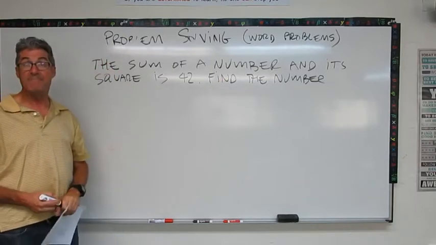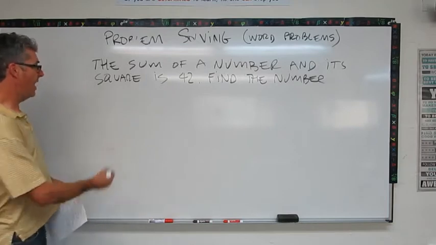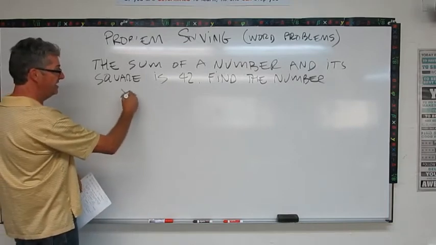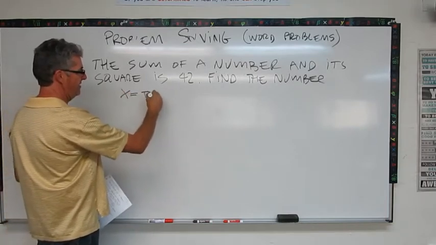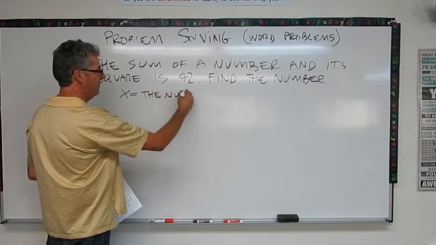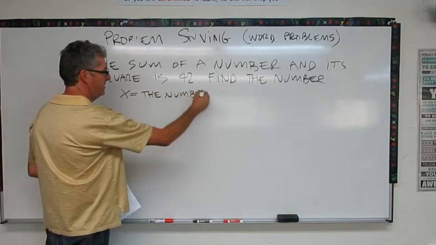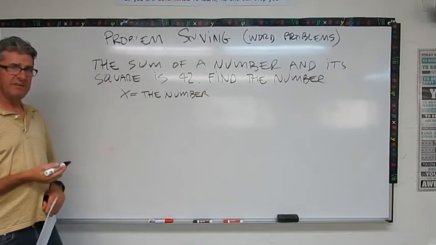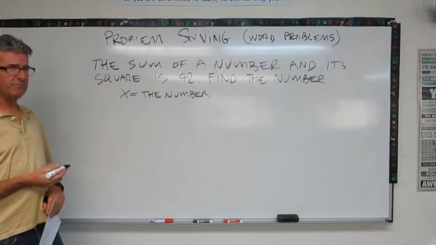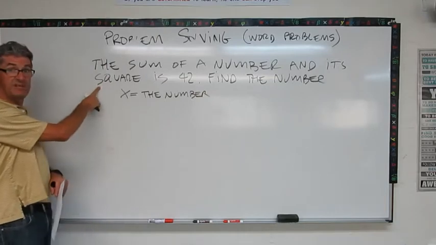So now I want to name my unknowns. I'm just going to say x equals the number. Second step is to write an equation. Now I have to turn this into math.